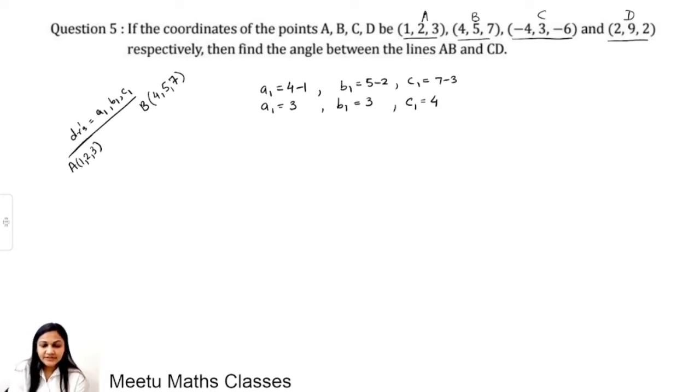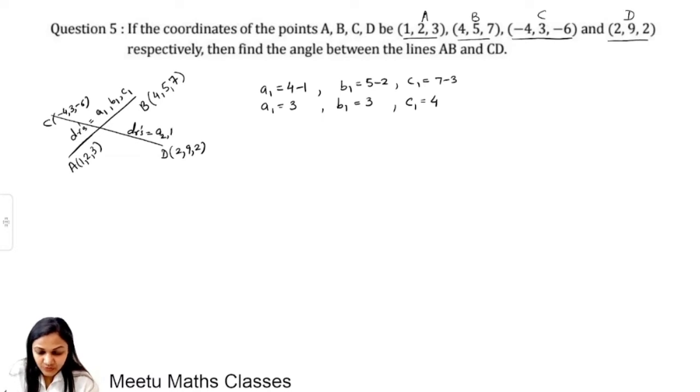Similarly, for the direction ratios of line CD, let C be (minus 4, 3, minus 6) and the coordinates of D be (2, 9, 2). Let the direction ratios of line CD be A2, B2 and C2.